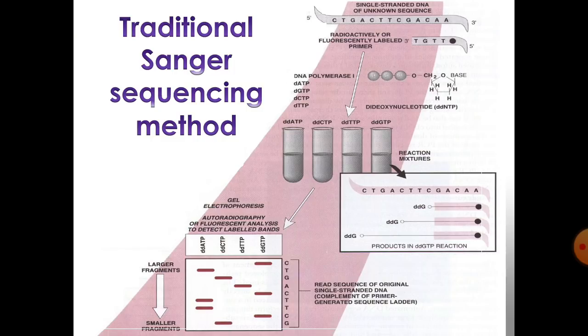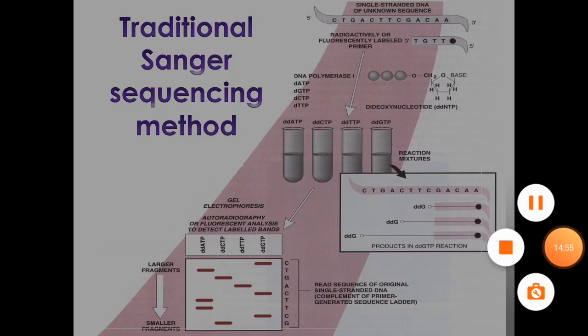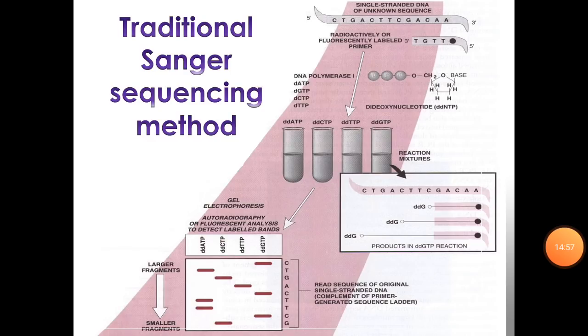This termination process is completed in 4 different tubes for the 4 different ddNTPs. Once the reaction is completed, the amplified PCR products are loaded onto polyacrylamide gel electrophoresis. The DNA fragments in the gel migrate on the basis of size. The smaller fragments run faster towards the positive charge than the larger fragments.